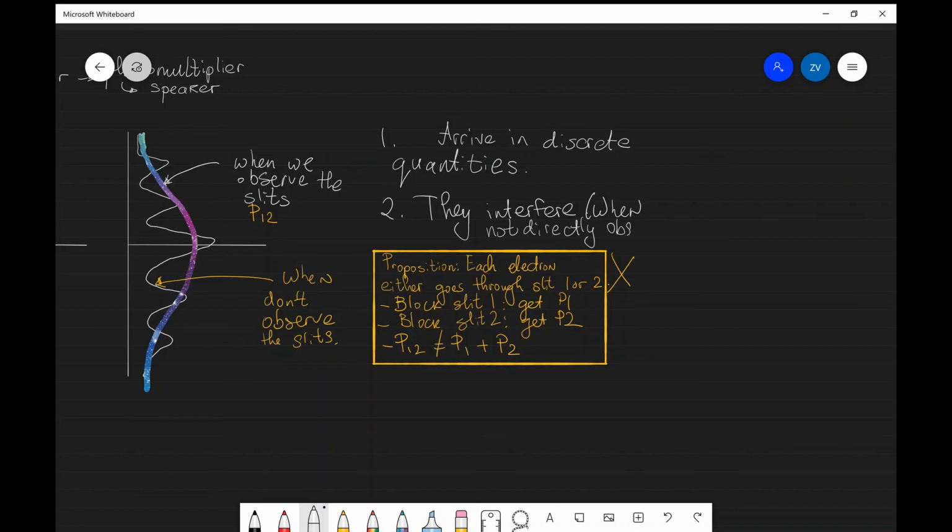And we can actually see that. In fact, that's how physicists discovered electron interference, through electron diffraction, when shooting electrons through a crystal to try and study the crystal structure.